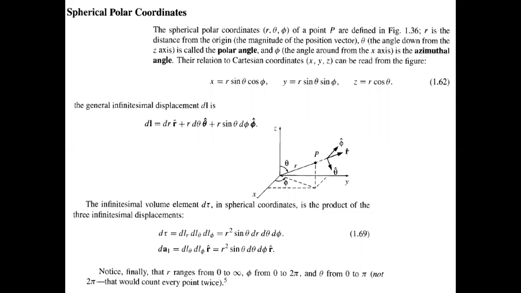So we'll be using r, theta, and phi, and it can be converted from XYZ this way, where X is given by this, and Y and Z are given by this, as in the diagram. We need to know that a small volume is given by this, and an area. The range of r is from 0 to infinity, phi is from 0 to 2 pi, and theta is 0 to pi.